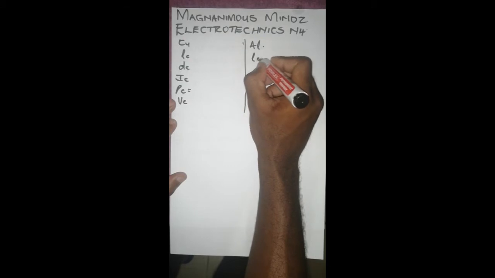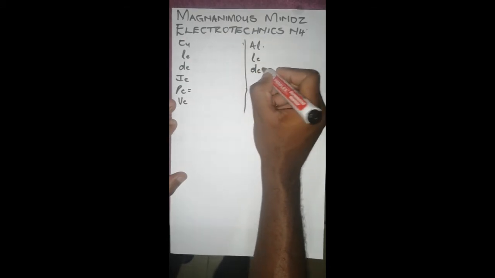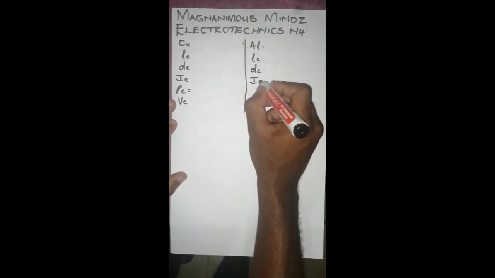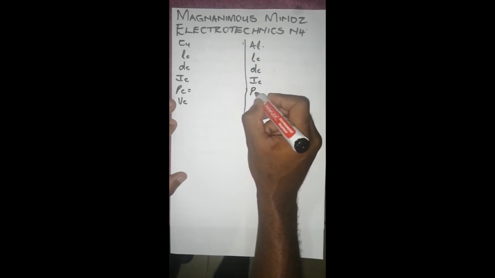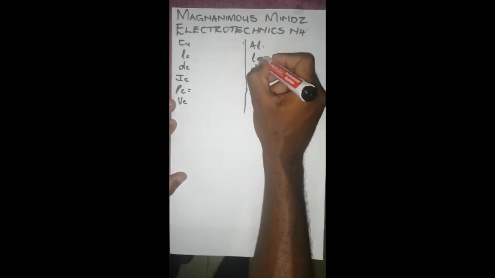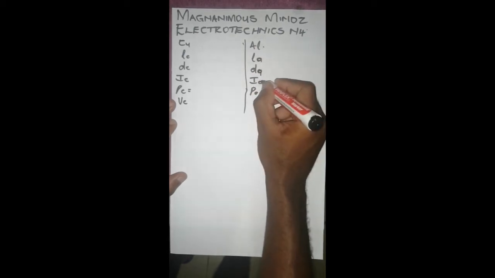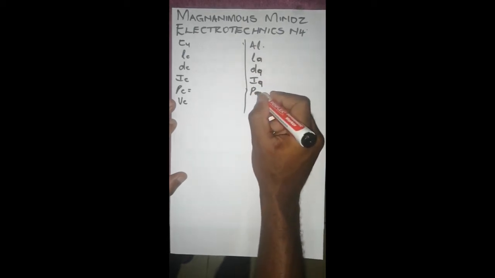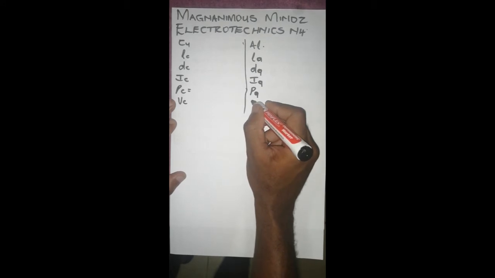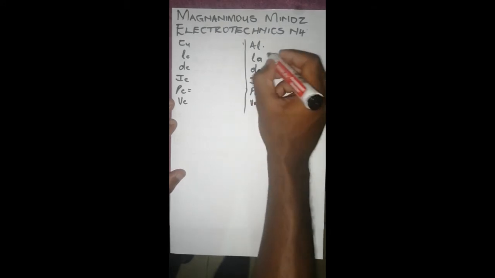We've got LC, DC, IC, resistivity, LA, DA, IA, and coefficient of resistivity for aluminum and VA.